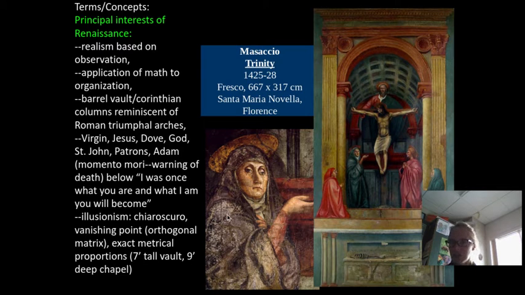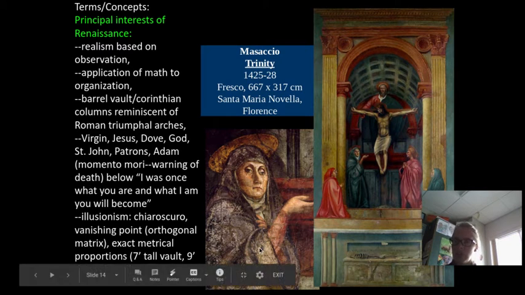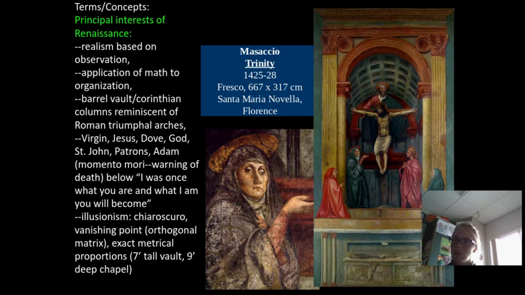The clothes look okay. The drapery, especially if you look farther at a distance, looks pretty good. So all things done to use chiaroscuro and make the figures look more realistic, three-dimensional.